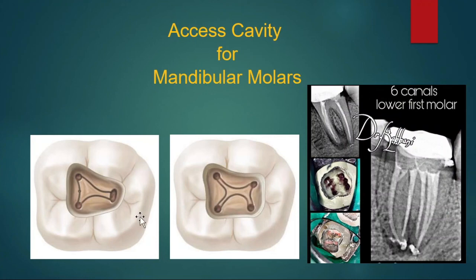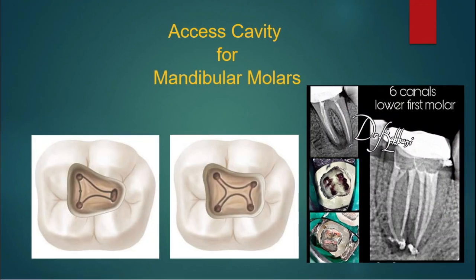Also, the lower second molar can come with two canals, and at that time the access cavity will be rectangular, wide mesiodistally and narrow buccolingually.